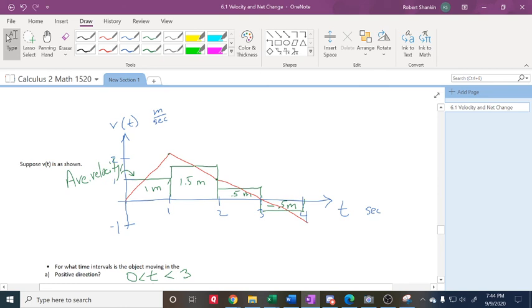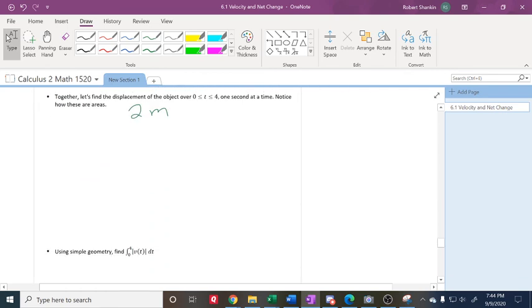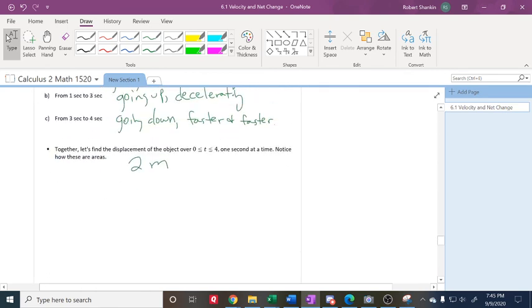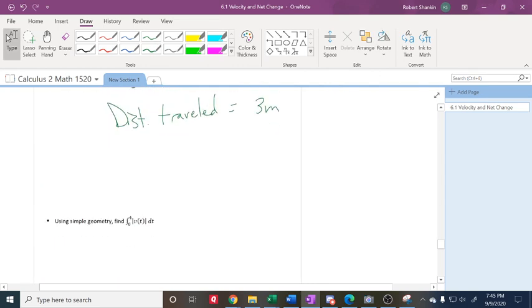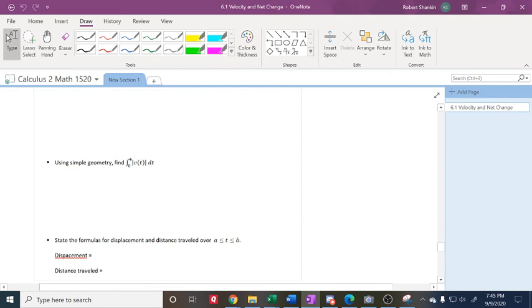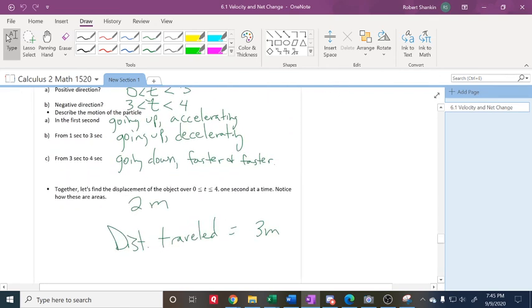So these two wouldn't cancel out. I would get 3 if I'd asked the distance traveled. Distance traveled is 3 meters. Using simple geometry, we could find this, by just sending this part up and getting a positive 0.5.